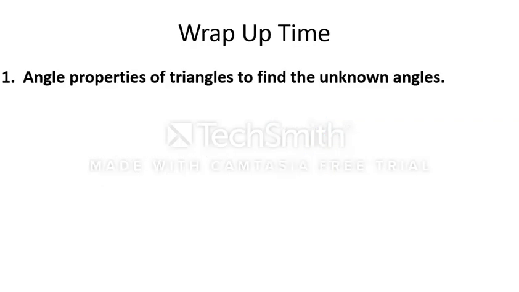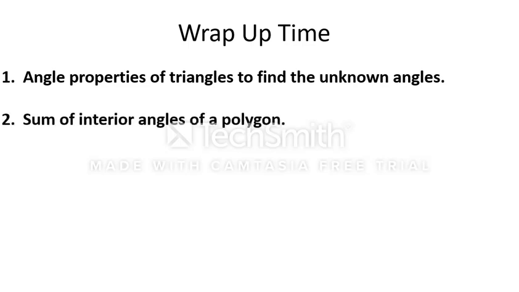Now students, let's wrap up what we learned up till now about polygons. We started with the angle properties of triangles, which help us in finding the unknown angle. Then we learned a new formula which helps us in calculating the sum of interior angles of a polygon.